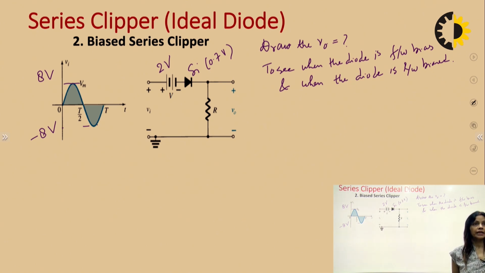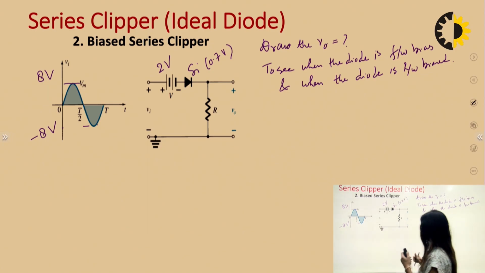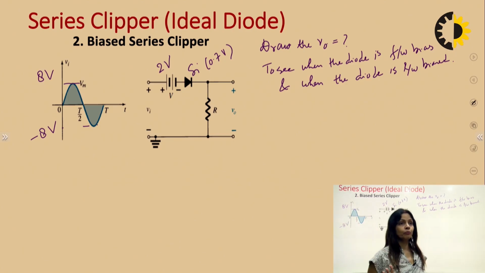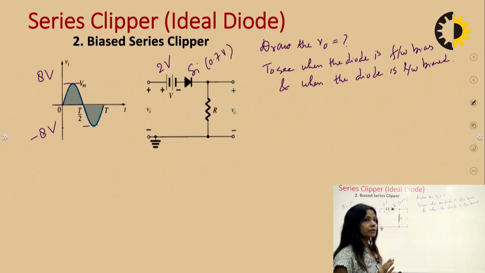We have to decide these 2 points. Now we will observe this particular circuit. See, this is a silicon diode. It requires 0.7 volt to remain in the forward bias condition.